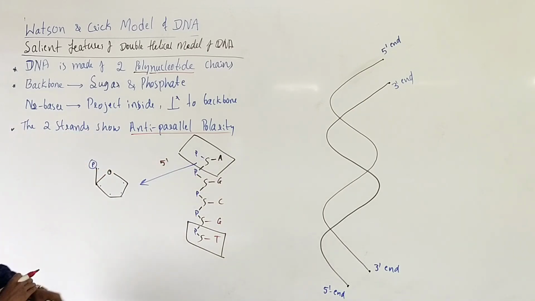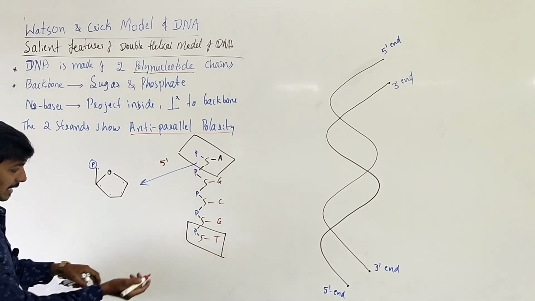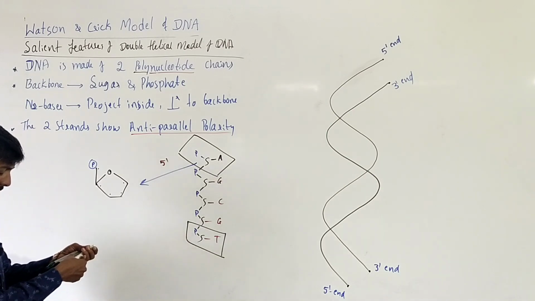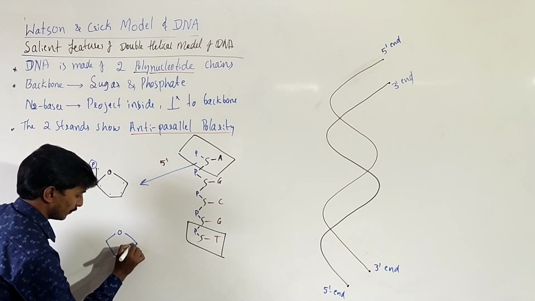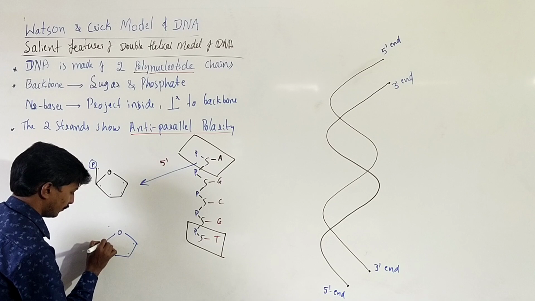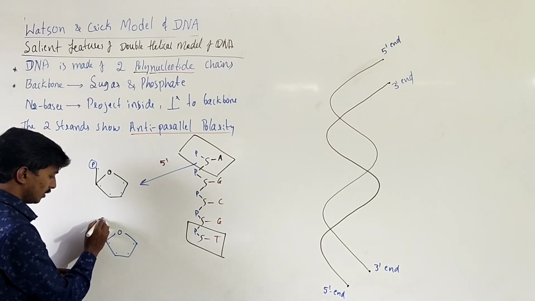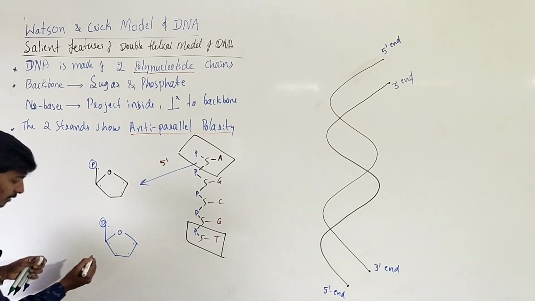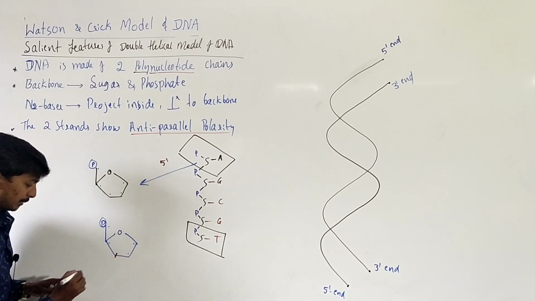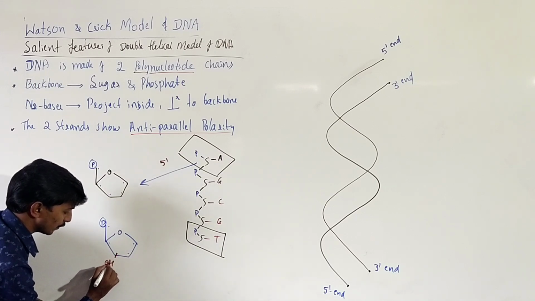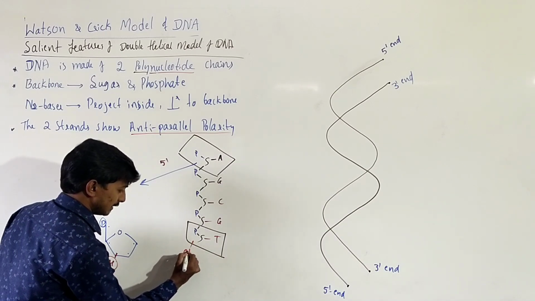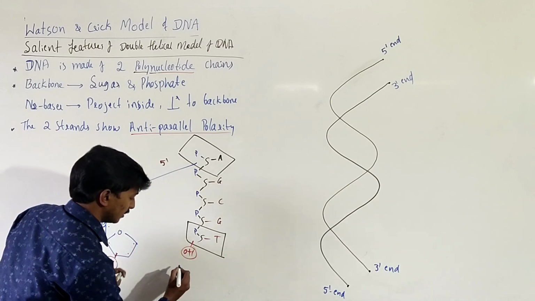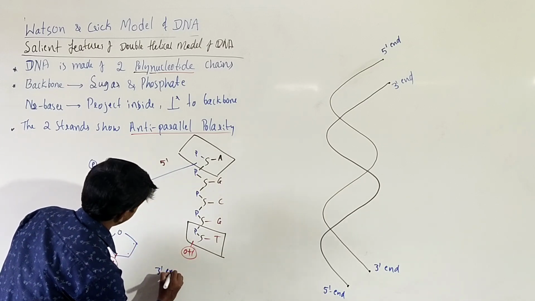What about this other end? This is the last nucleotide: first, second, third, fourth, fifth. In this nucleotide, the third carbon has a free OH group, or free hydroxyl group. So this end is known as the 3' end.